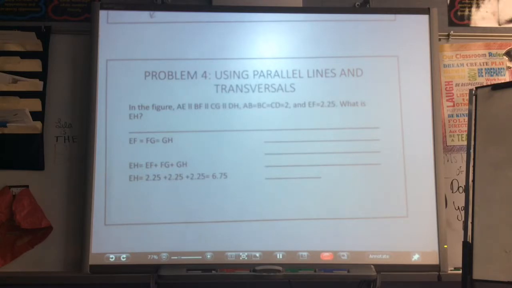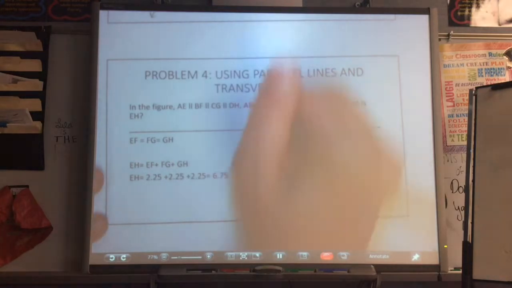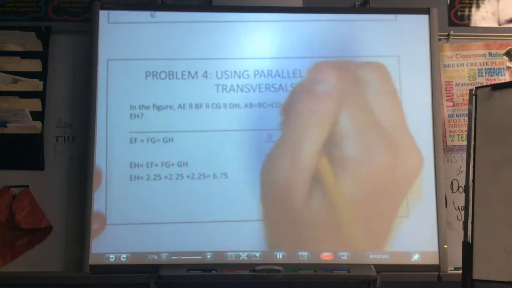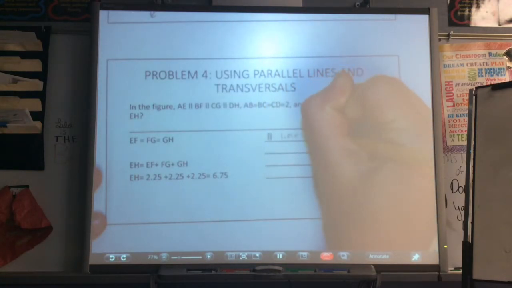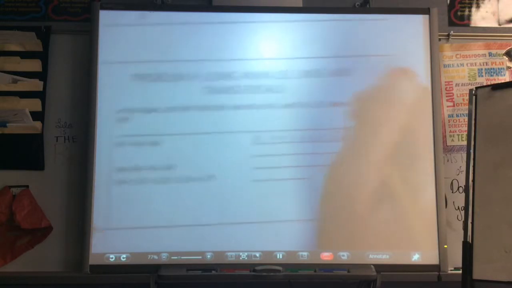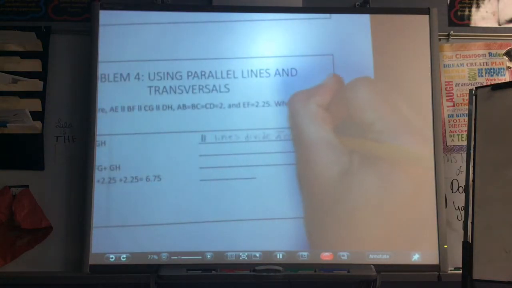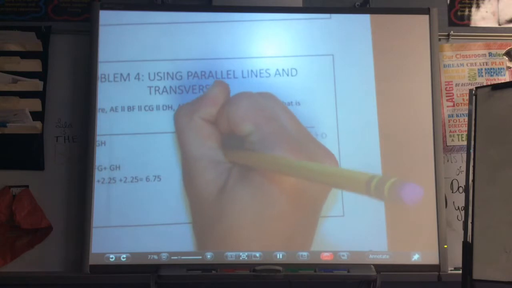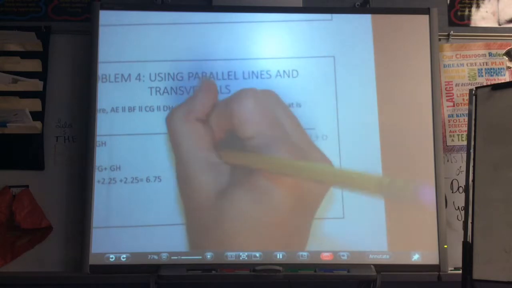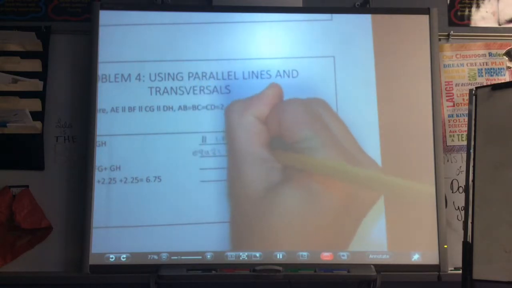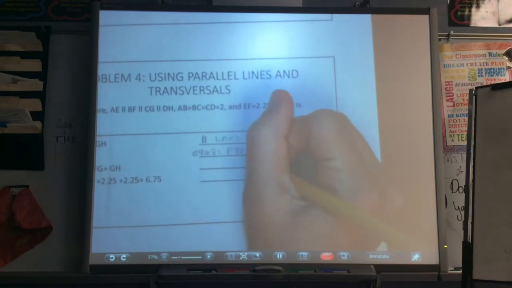So we'll start out with EF equals FG equals GH, and then over here is, since parallel lines divide line segment AD into equal parts, they also divide EH into equal parts.